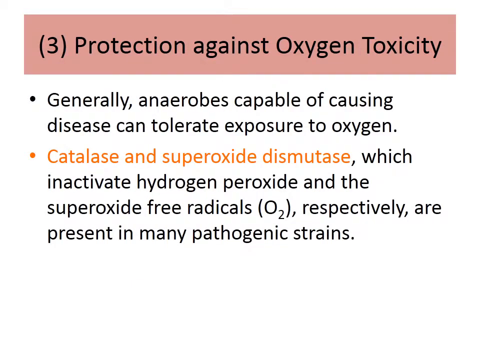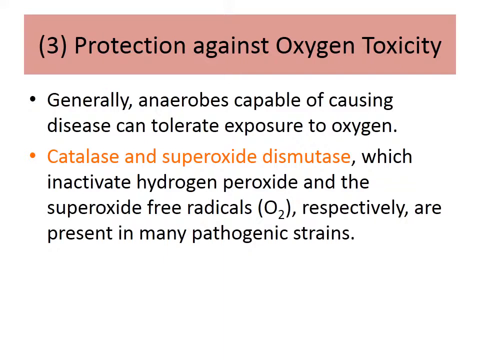Protection against oxygen toxicity. They have, of course, classical molecules, and I would rather have you make a chart. Make sure that you know which bacteria produce catalase, coagulase, and superoxide dismutase, because I did add quite a few questions tomorrow testing you for that particular enzyme.